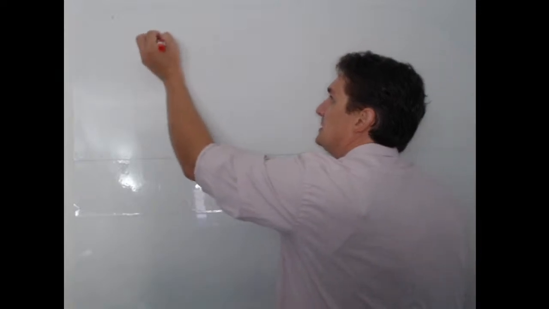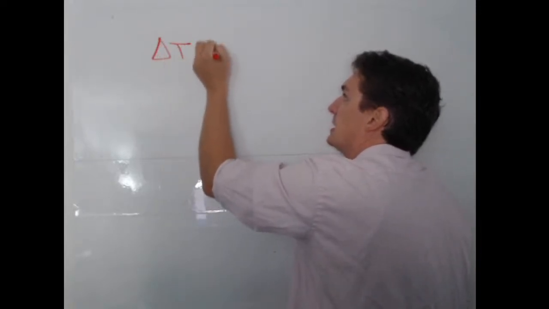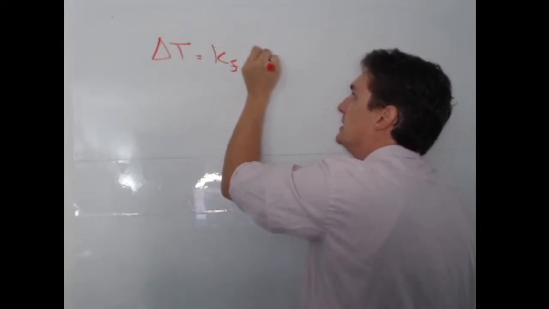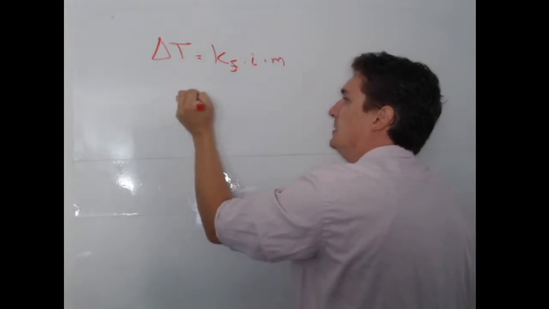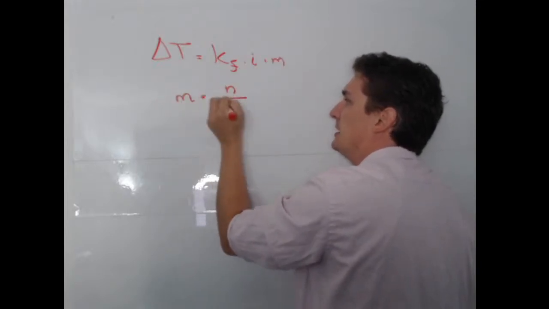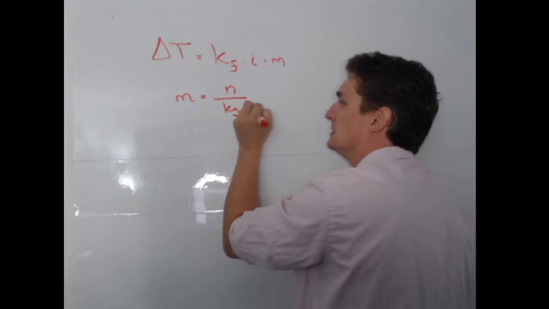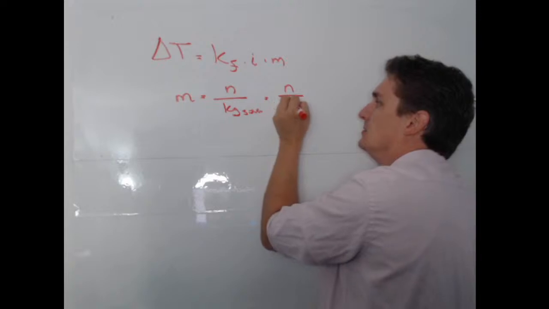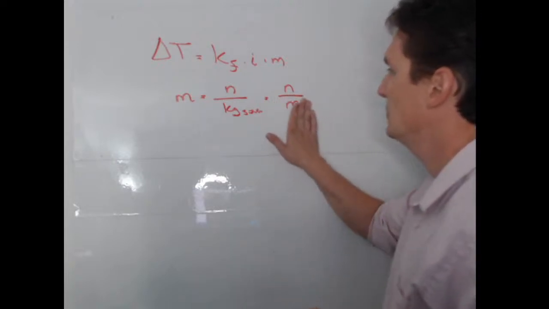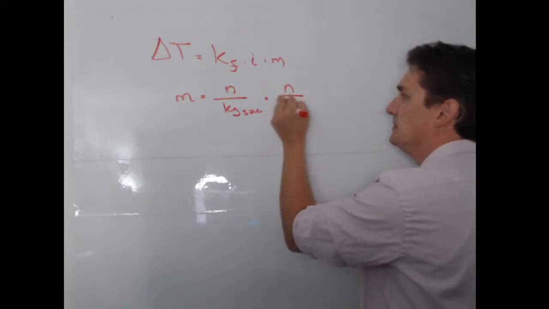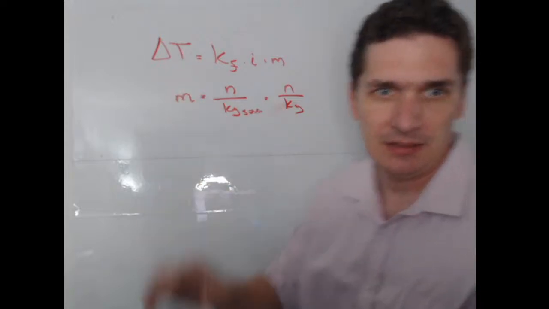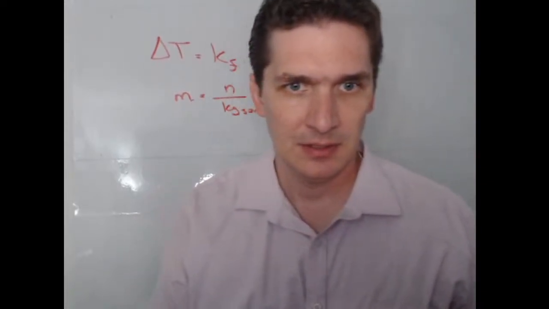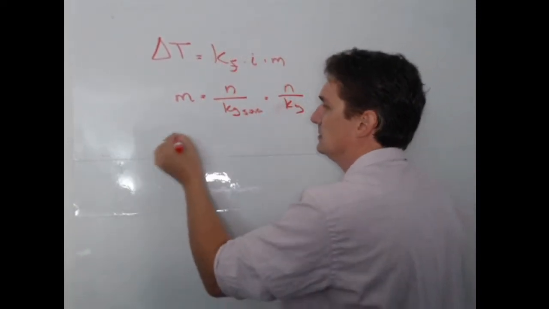So the formula here is delta T equals Kf times i times the molality. And the molality is the moles of solute divided by the kilograms of solvent, so I'm going to represent this as n over kg. The delta T is 10.